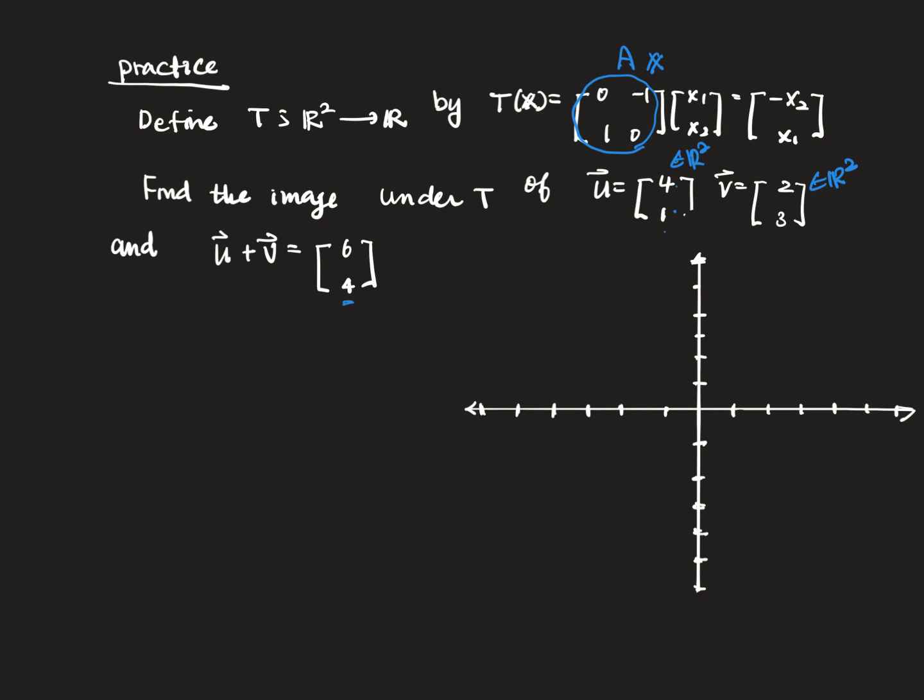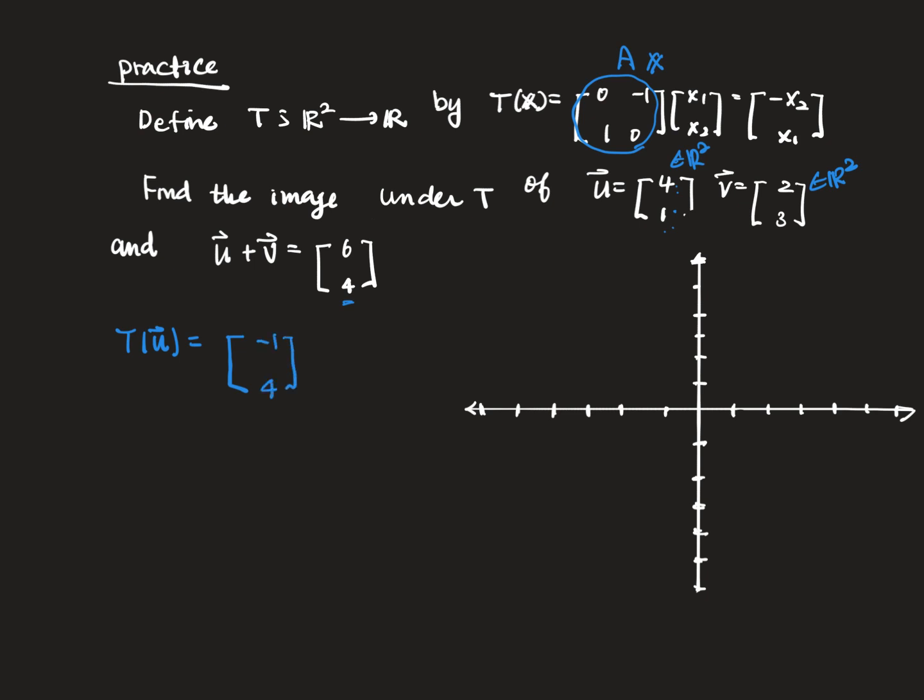So we want to find the image of each vector. What kind of transformation happens under this matrix transformation? Let's start with Tu first. What is Tu? x1, x2 goes to negative x2, x1. The u vector is 4 and 1, so it goes to negative 1 and 4.